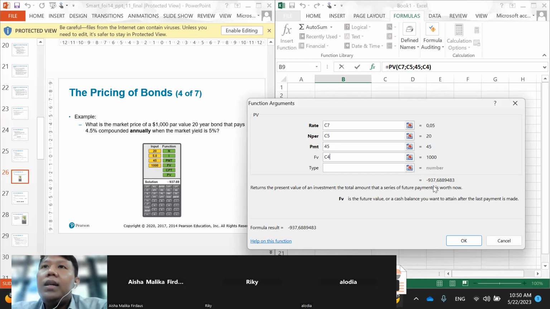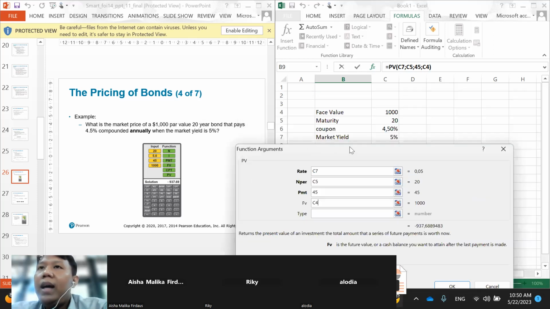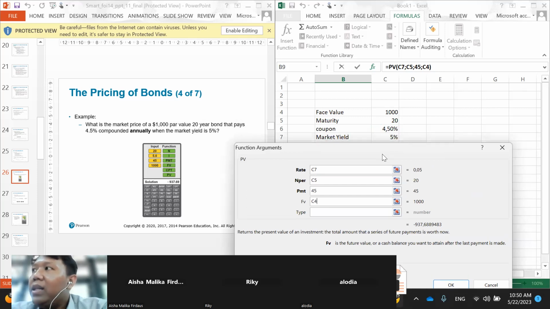So this is the bond price. The easiest way is that if the coupon rate is less than the market rate, we will buy that bond at a discount price.